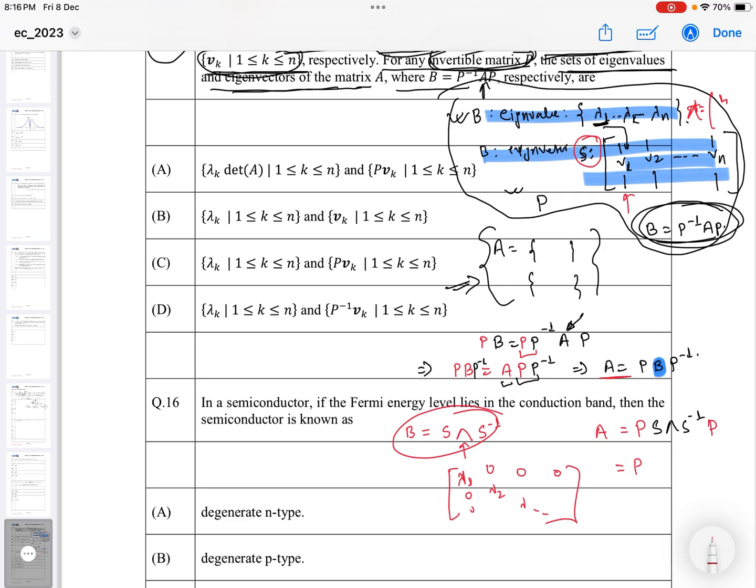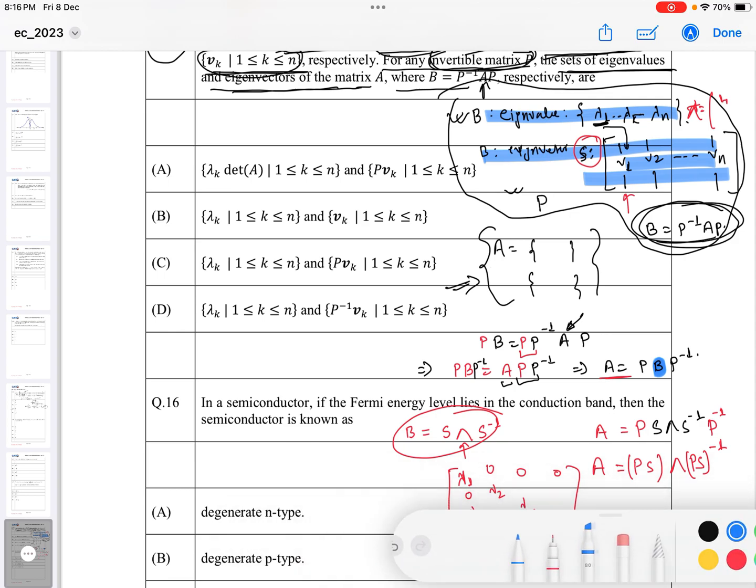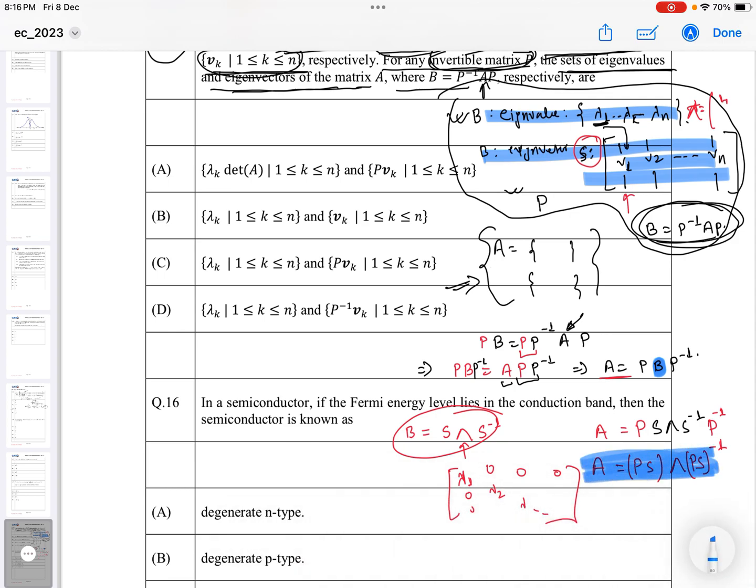We can write this as P S, then lambda, and here it is the inverse, so we will have S inverse P inverse, which is (P S) inverse, since the inverse of a product opens in the opposite direction. So you see now how we have written A in diagonal form. What we have done is decompose the matrix A in diagonal form.